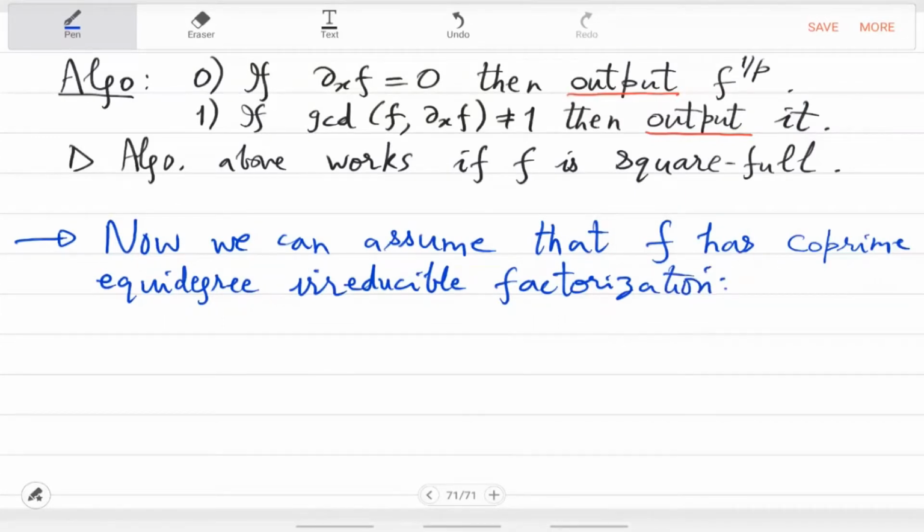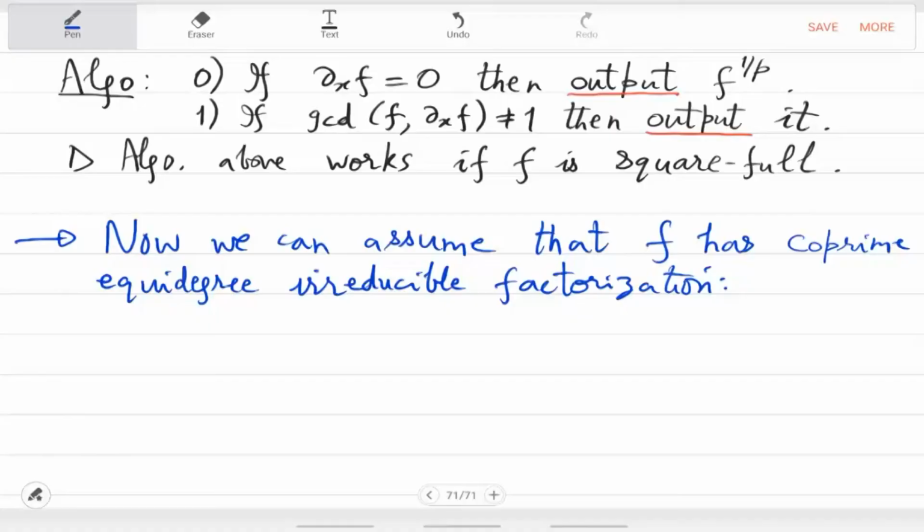So when you look at the factorization of f into irreducibles, each of the irreducible has multiplicity 1. They are all distinct and in fact co-prime. They all have the same degree. Okay, so after the previous two algorithms, you get to this point.